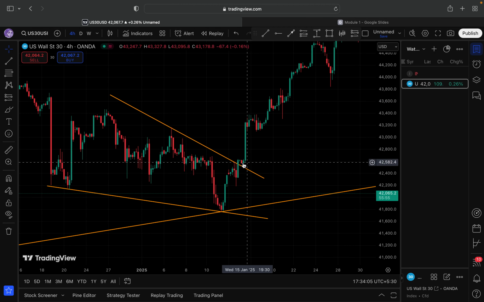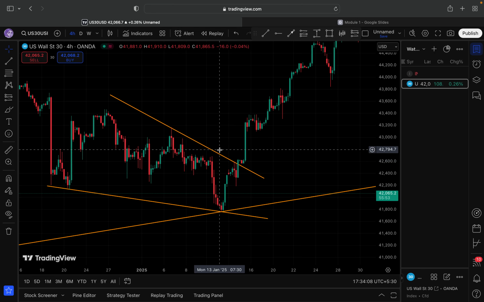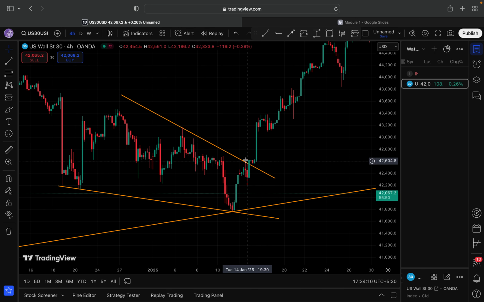Then if you watch what price did here, when price broke out of this wedge, it tightened. This is called a continuation pattern. This was a flat continuation, a bull flag.